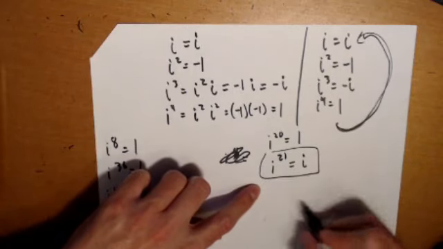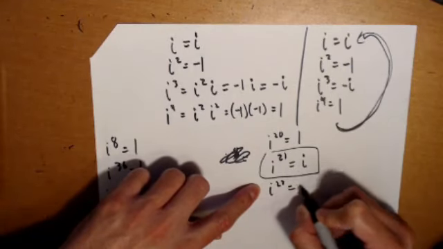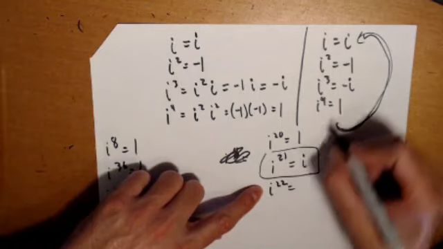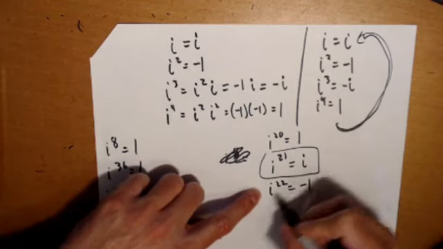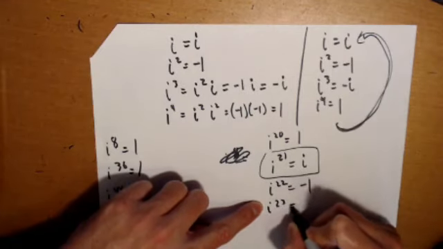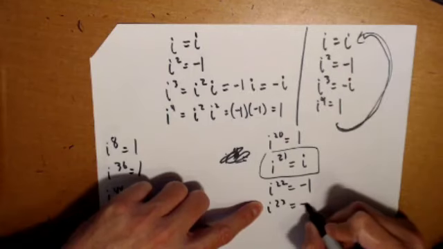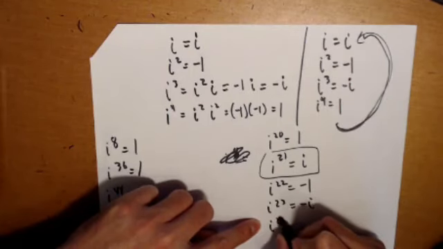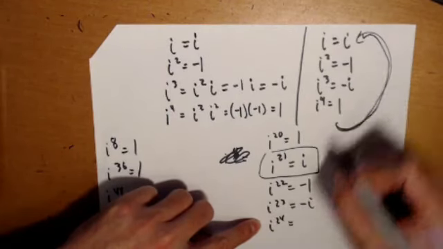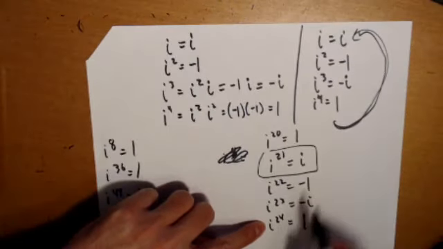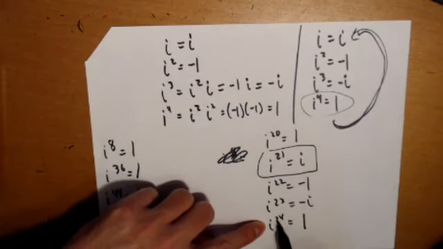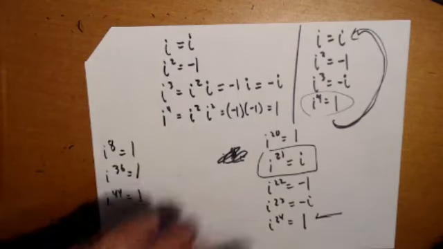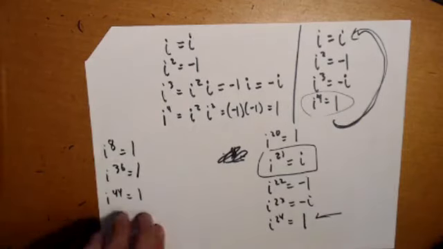Just for the record, i to the 22 would have to be the next one, negative 1. i to the 23 would be negative i. i to the 24 would be 1. 4 goes into 24 perfectly, 1. This game is making sense.